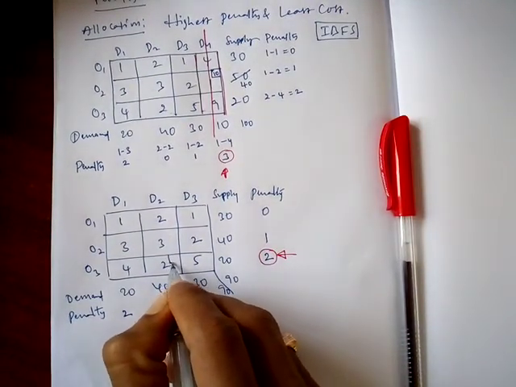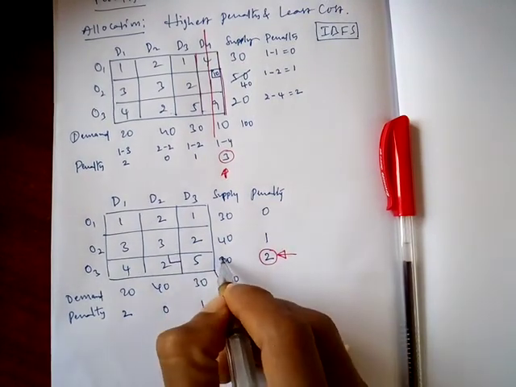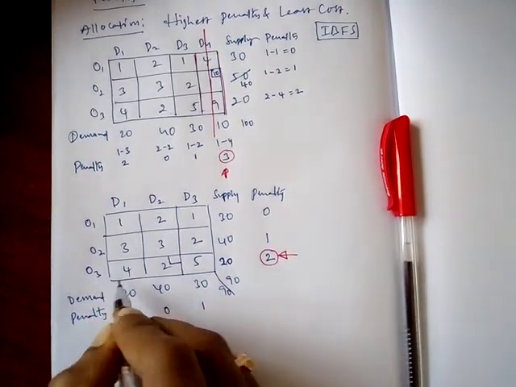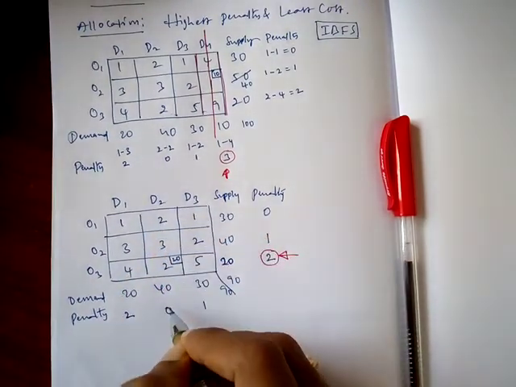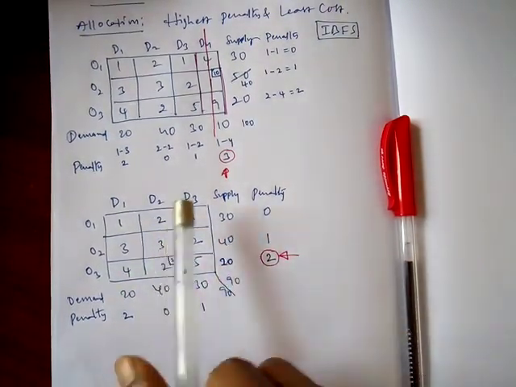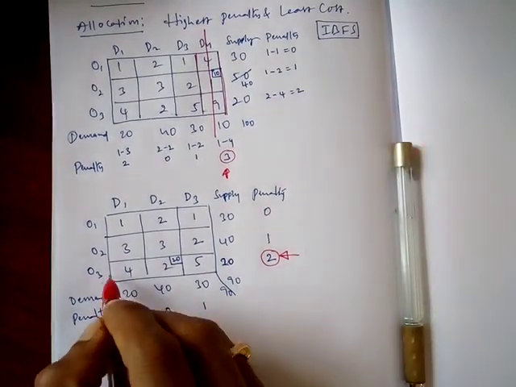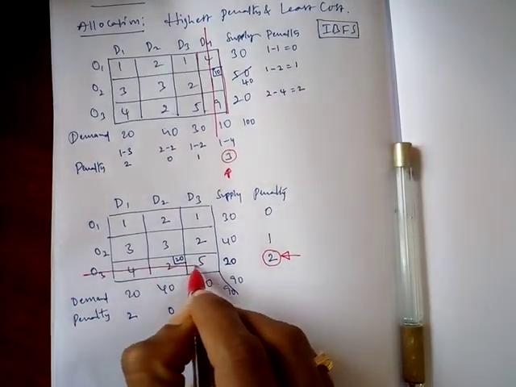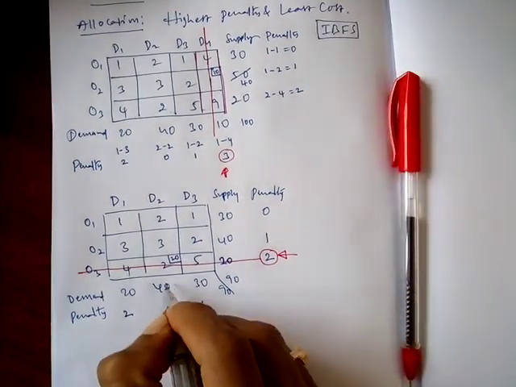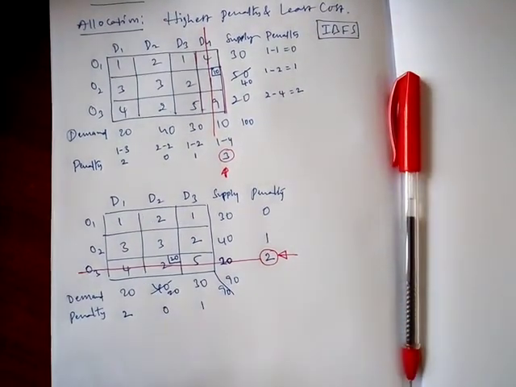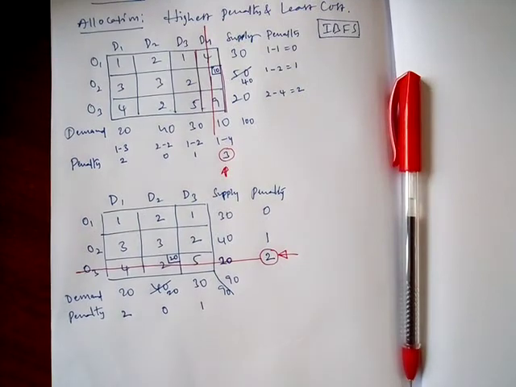How much can we allocate here? We can allocate a maximum of 20 because O3 is supplying 20. Of course it is demanding 40, but we can allocate only 20, so O3 can be cancelled. Let us see the next iteration.